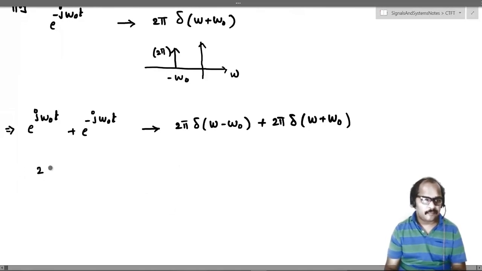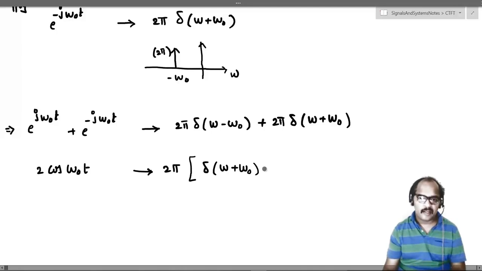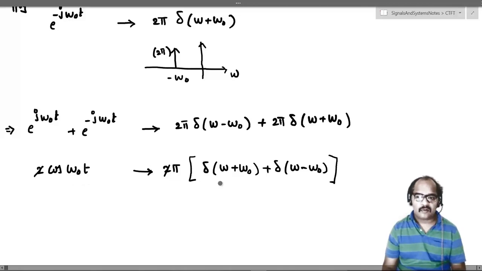That is nothing but 2 cos omega naught t. So that fellow will have 2 pi common. We will have delta of omega plus omega naught plus delta of omega minus omega naught. I just reordered the Dirac deltas, but 2 is common on both sides, so the 2 cancels. And finally, you get cos omega naught t will have pi times delta of omega plus omega naught plus delta of omega minus omega naught as the Fourier transform.